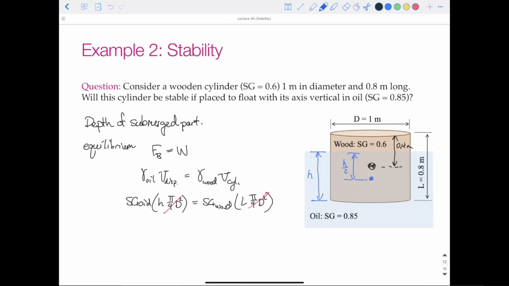And what we're left with is h is equal to the length times the specific gravity of wood divided by the specific gravity of oil, which is equal to 0.8 times 0.6 over 0.85. Final answer, 0.565 meters is h.